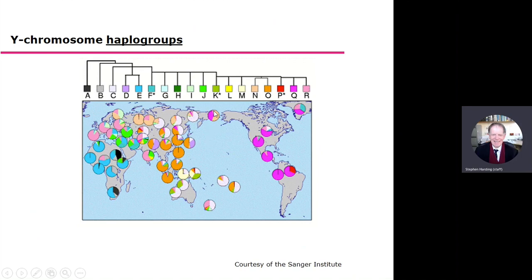But in Western Europe, it's largely haplogroup R, the pinky, and the sort of duck egg blue, which is haplogroup I. So these are the main large haplogroups in Europe, but different across the globe. You see how they're grouped and how they change as you move across.